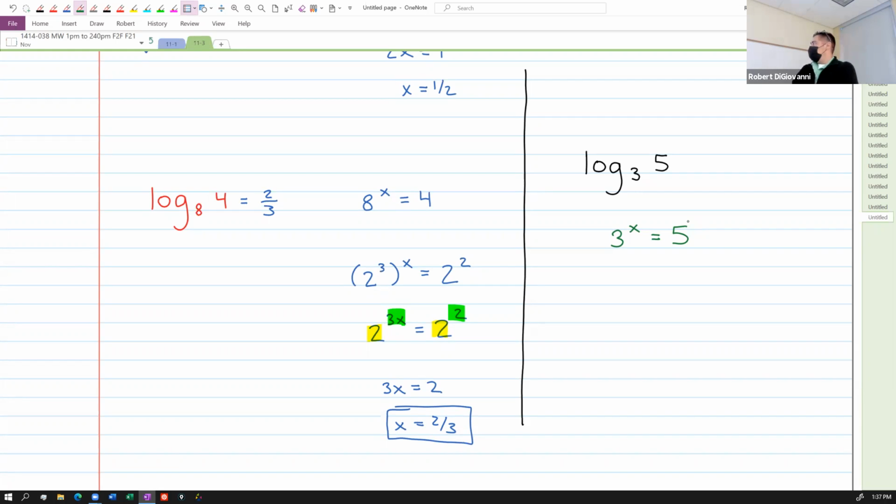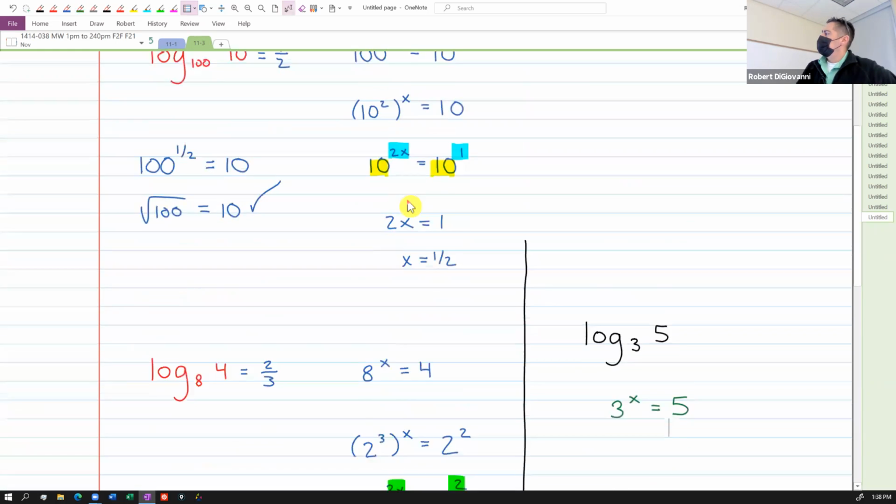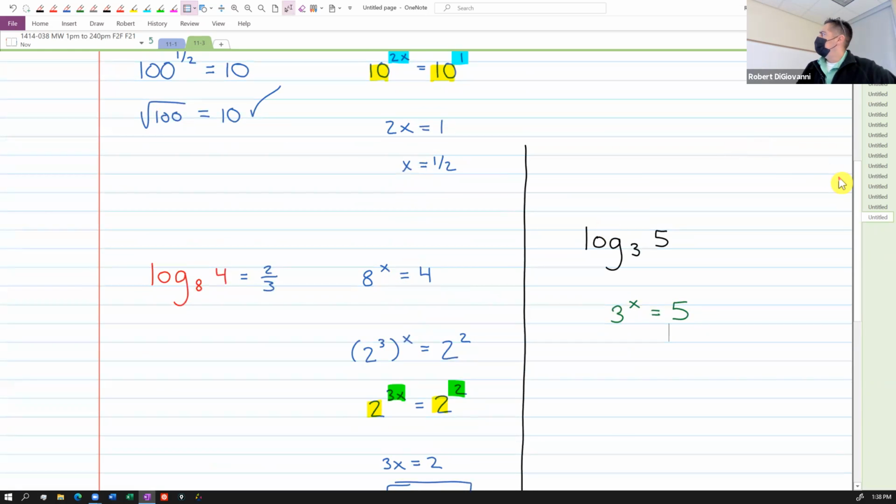So what do we do? Do you understand the conundrum we have here, the issue? Doesn't look like there's much I can do. I mean, in this one, we had 10 and 100, so they were both powers of 10. Here, these were both powers of 2.